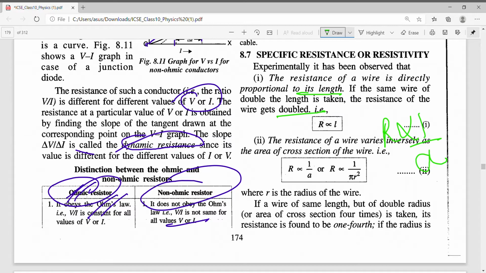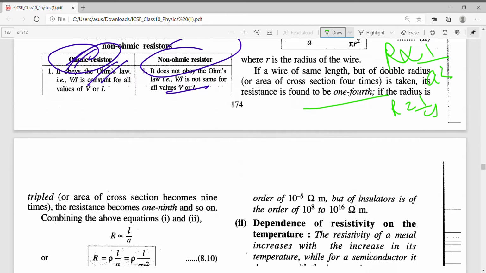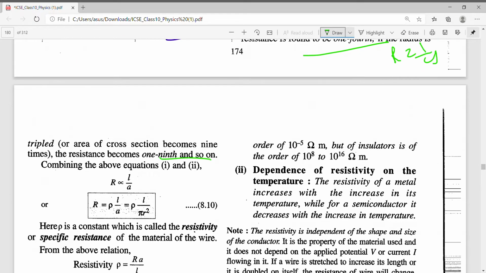So if a wire of the same length but of double radius is taken, then the resistance is found to be 1/4. The length is the same, the radius is doubled. So if R is inversely proportional to A, and the radius is doubled, then A becomes 4 times, so it would be 1/4, right? If the radius is tripled, then it will become 1/9 and so on, right?